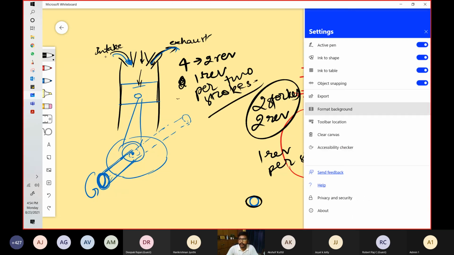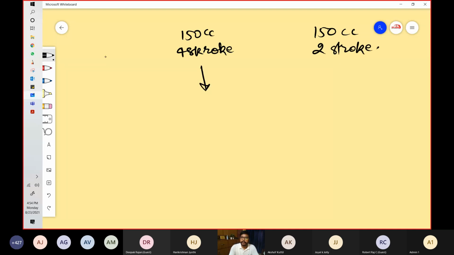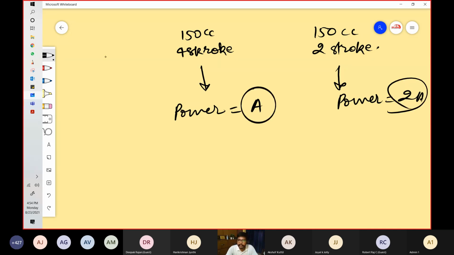So if we have the same size of engine, let's say a 150 cc 4-stroke and a 150 cc 2-stroke, and let's say the power in this is A HP, then the power here is theoretically twice, so it will be 2A HP.